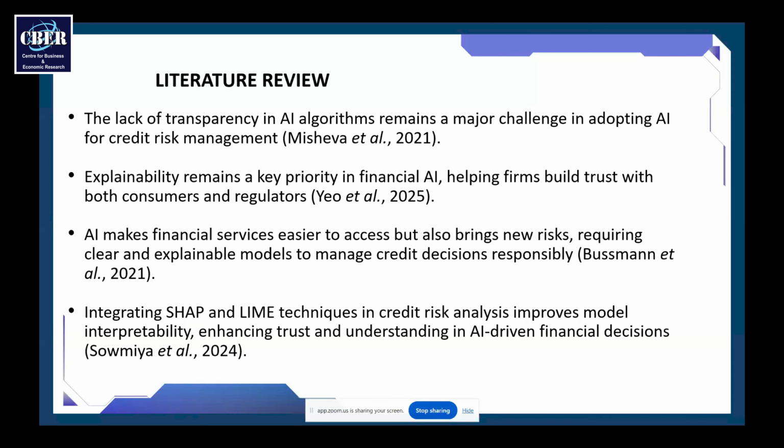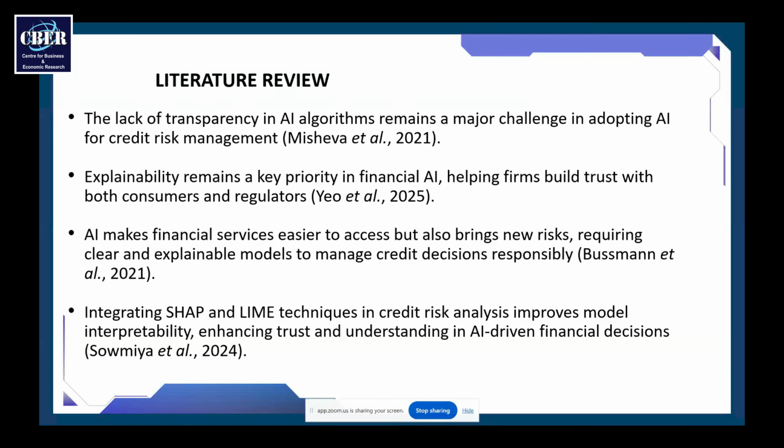A lot of literature reviews have been done on this, but to save time and for the purpose of this presentation, I'm only going to mention four of them. The first one is from Michel. He states that lack of transparency in AI algorithms is a major challenge. The second researcher, Yo, explained that explainability is a key priority in financial AI.